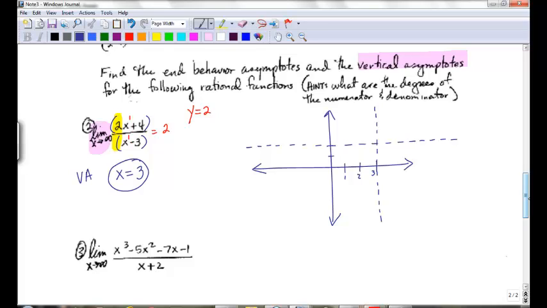I would probably start out with zoom 6, and then we may have to go to, no, that one's all right. And you could also put in the y equals 2. The y values, remember, you can put those in. So here's our horizontal asymptote. Now you should see where the graph goes.